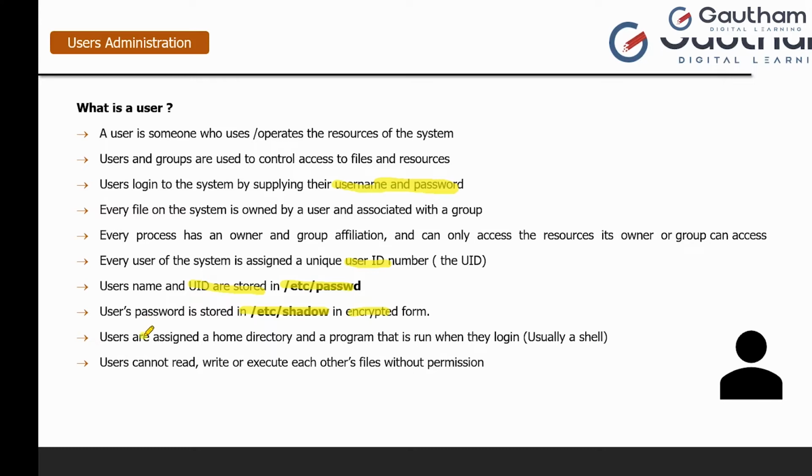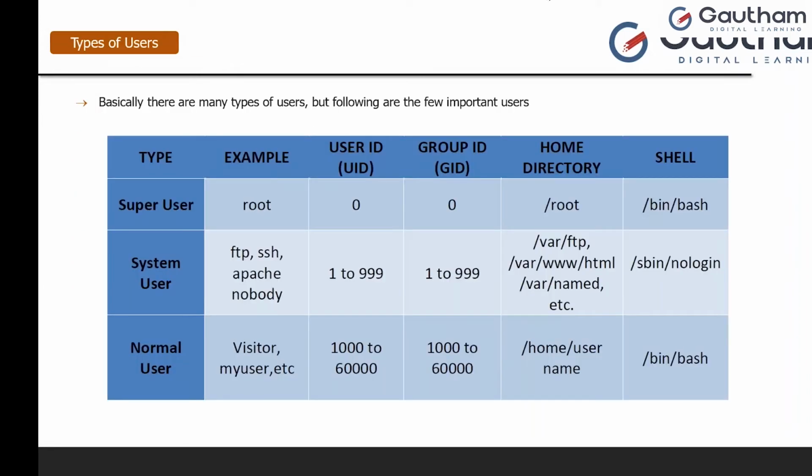Whenever a user logs in, the user goes into his home directory. So every user will get their personal directory, which we have learned in our first class on architecture and file system hierarchy. And every user will also get a program through which they can run commands and communicate with the kernel, that is called the shell. Now let's see what user hierarchy we have.